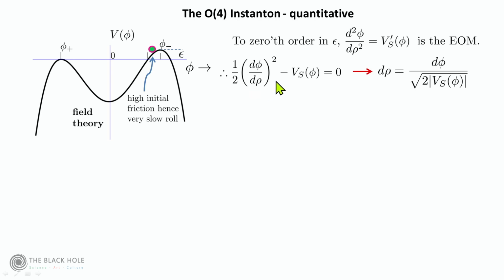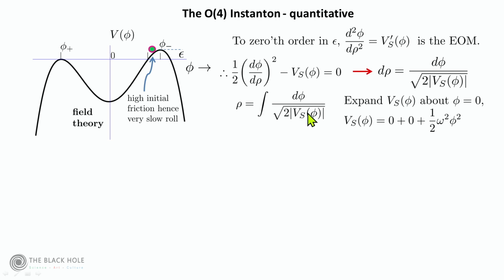Now, if you integrate that, you get d phi d rho is equal to this. But now integrate both sides, and you get rho is the integral over phi of 1 over the square root of 2 times the potential.